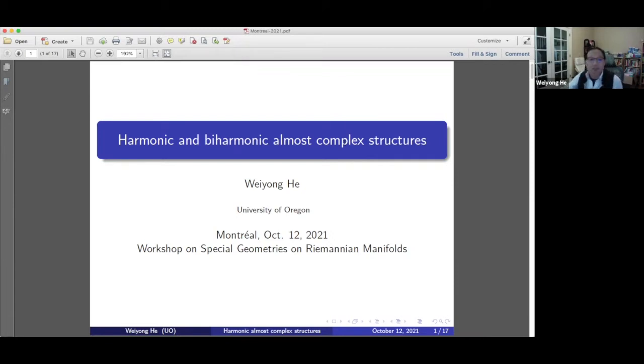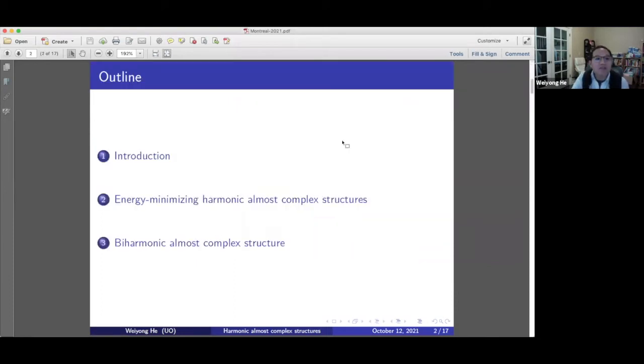The topic here is somehow parallel to harmonic maps, for people who are familiar with that business. So the outline will be: give a short introduction, and then we will talk about energy minimizing harmonic almost complex structures and also biharmonic almost complex structures.